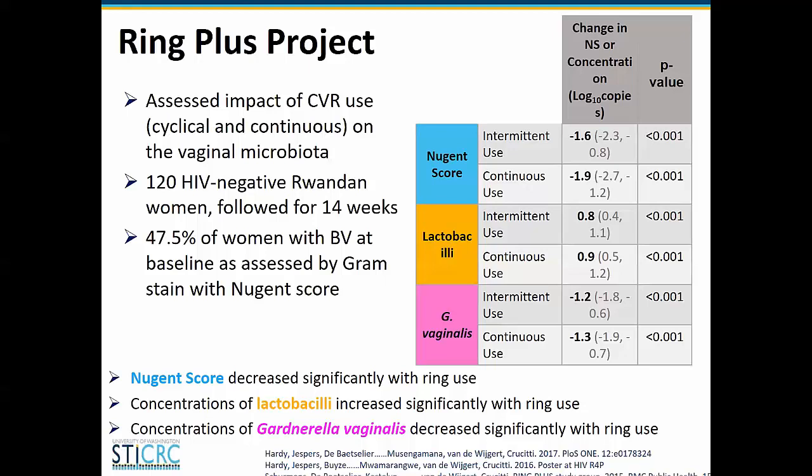So wouldn't it be interesting to have a ring that maybe gave you protection from unprotected pregnancy and also optimized your vaginal environment? I'm very hopeful that there may be something here.